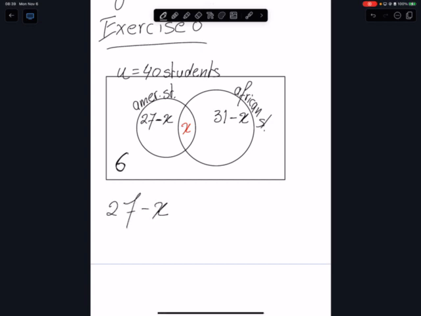So I have to count the ones from American stamps. You count the ones that have been counted twice. Count the ones that have American African stamps. And you count these. And your answer should be 40 students.